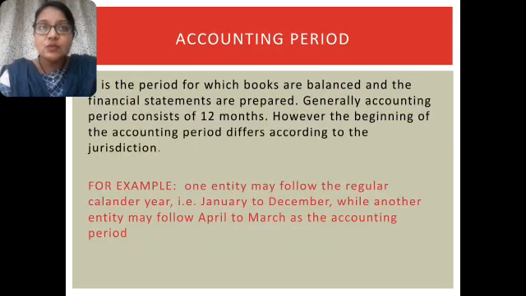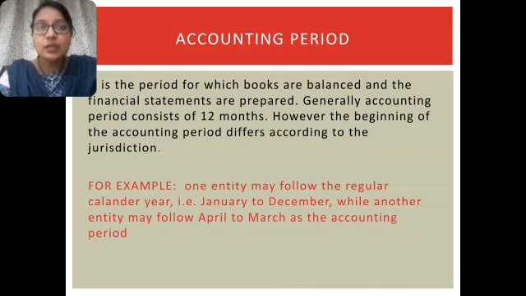And the last one is accounting period. Students, it is a period for which books are balanced and the financial statements are prepared. And financial statements mean trading account, profit and loss account, and balance sheet. Every businessman prepares these final accounts at the end of a particular time period, and that is known as the accounting period.